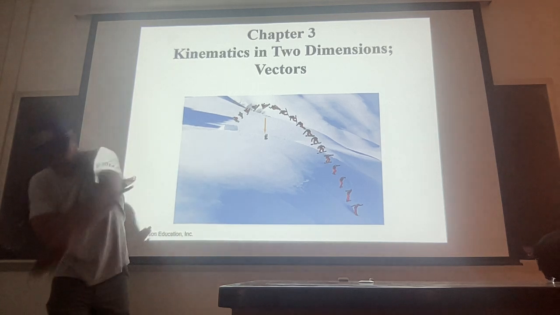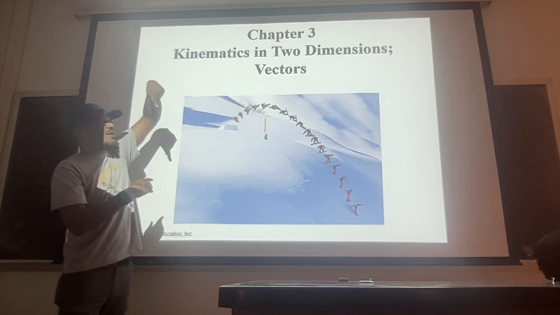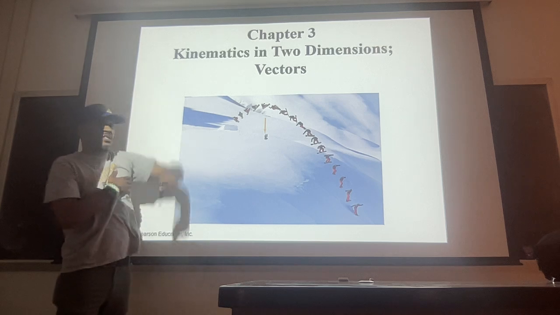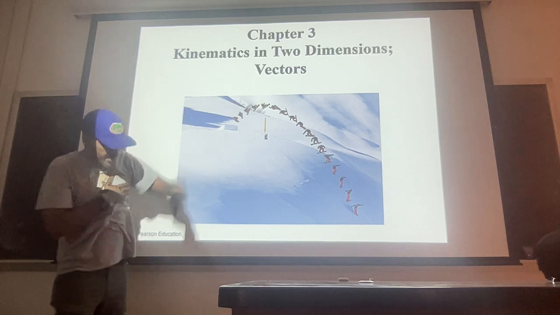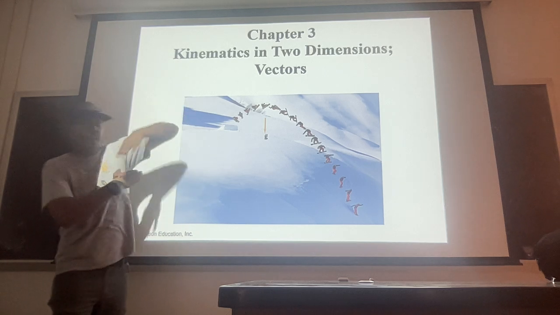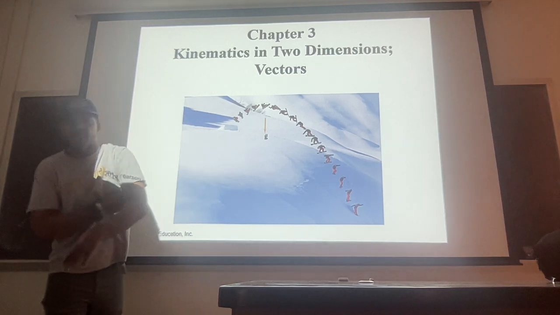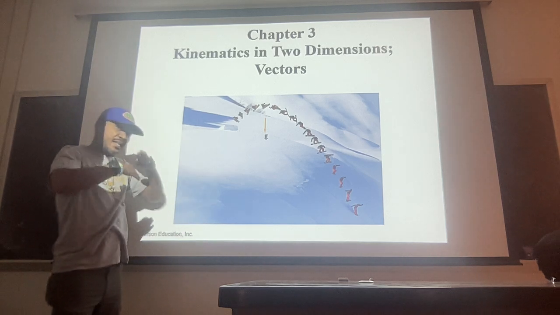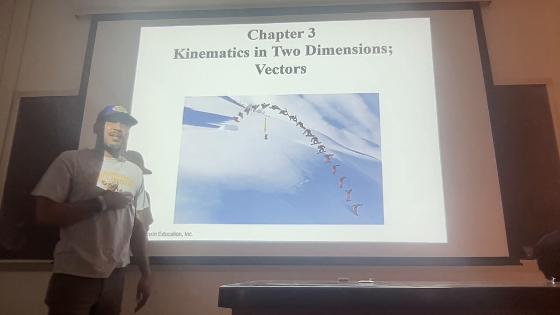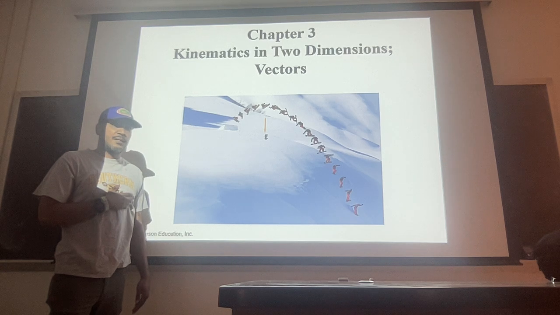When you go down an incline, you're not going in 1 dimension. 1 dimension is free fall. That's what we've been talking about. But if I'm going down an incline, that's 2 dimensions, because I have motion in this direction and in this direction at the same time. Correct?